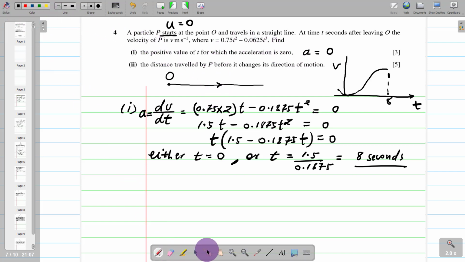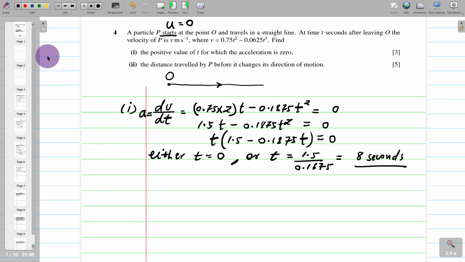So let's get rid of that because it has not been asked for. But like I said, it helps us to view this situation properly. So let's go on to part 2. In part 2, we are asked to calculate the distance traveled by P before it changes its direction of motion. So it appears as if this object starts from rest, it accelerates, and then reaches somewhere where the acceleration is 0.